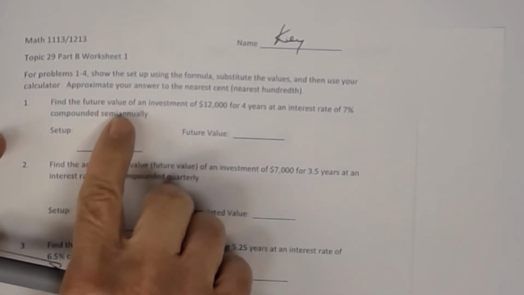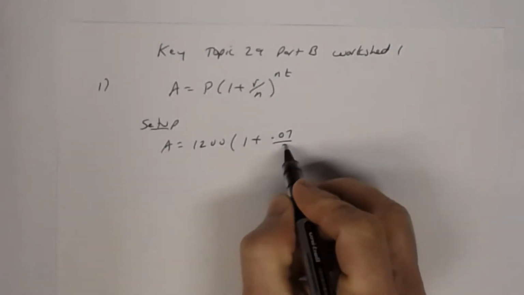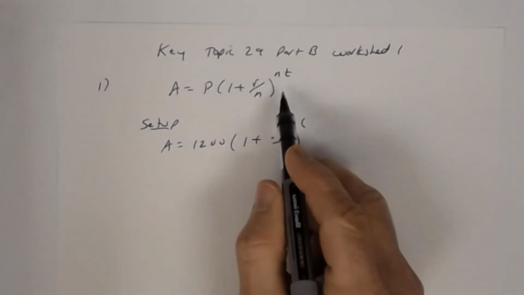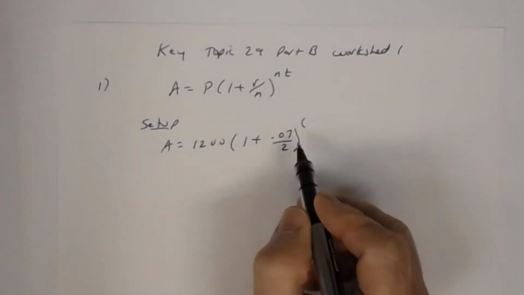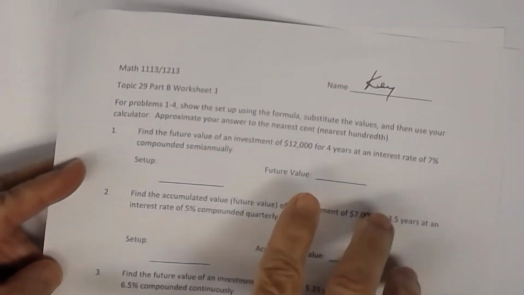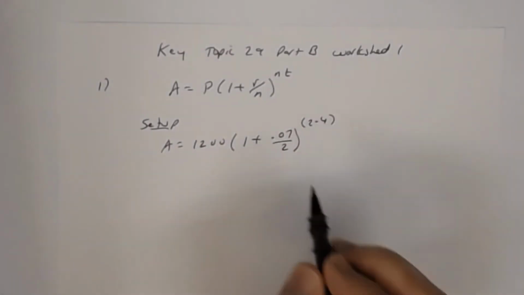Semi-annually is twice per year, so N is 2. Your exponent is N times T, so 2 times the time in years, which is 4. That's your setup.